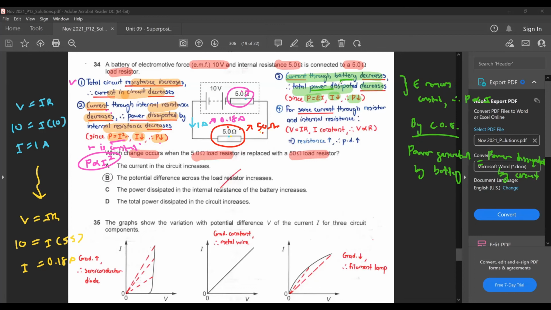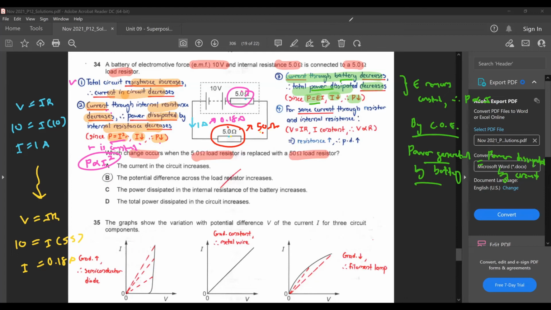So here, the current in the battery drops, and I can straight away say the total power dissipated in the circuit will decrease, because my power generated by the battery drops in the first place. Less power is provided by the battery, so obviously there is less power dissipated in the circuit.